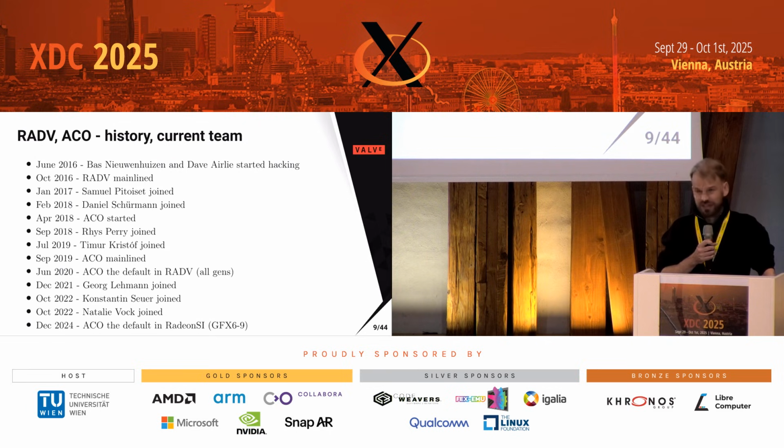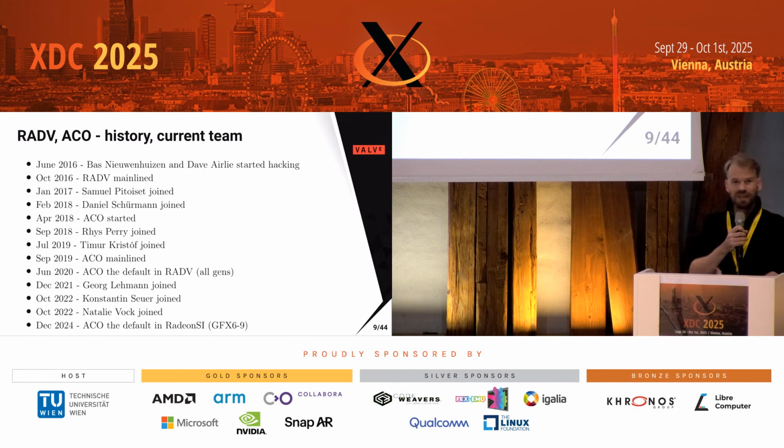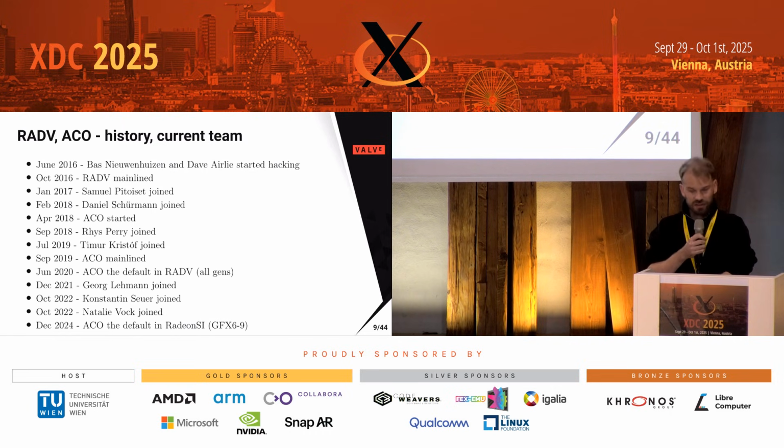When I joined, LLVM was still the backend compiler for Radv. So Radv translated NIR to LLVM IR, and that caused a lot of issues for us because LLVM follows its own release cycle.